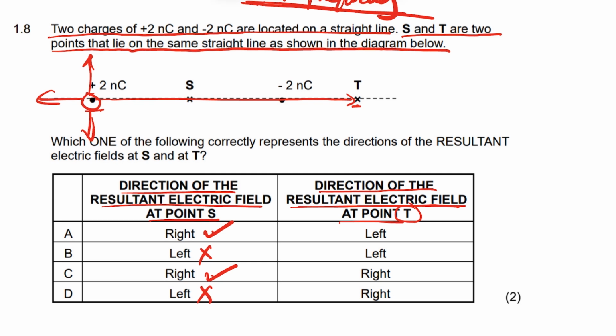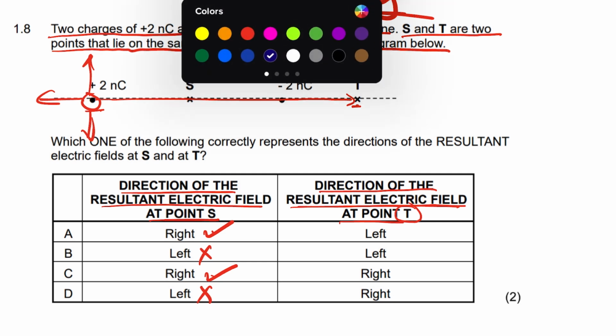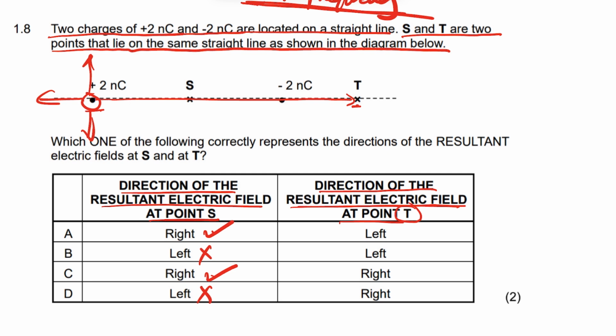Let me use another color. Let's look at the field line of this negatively charged one to T. We know that for a negative charge, the field lines are going towards it, right?